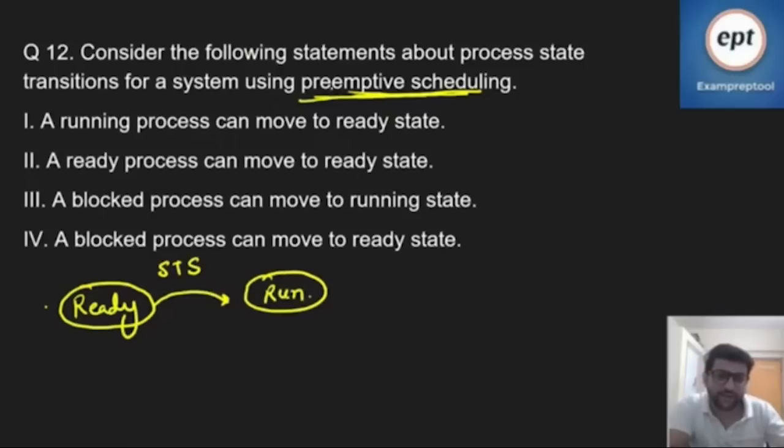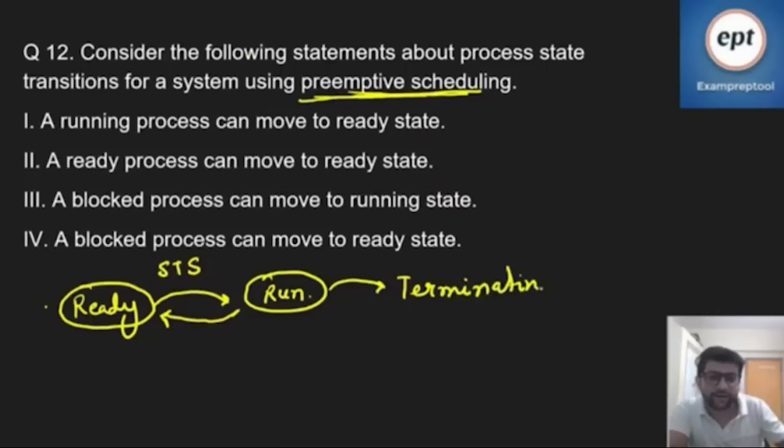Now, since we are using preemptive scheduling, the process can go from the running state back to the ready state again, right? And once the process completes its execution, it moves to the terminated state, right?